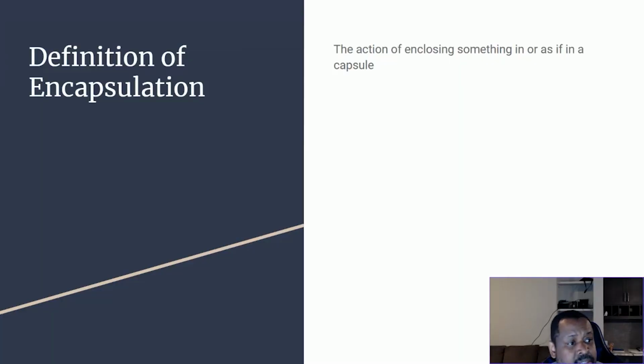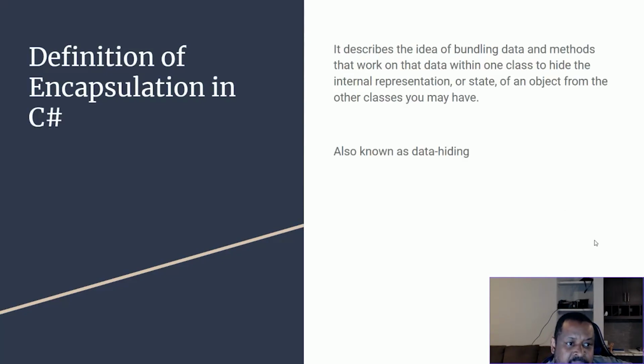So we jump right into the definition of encapsulation. The action of enclosing something in or as if in a capsule. The definition of encapsulation in C# describes the idea of bundling data and methods that work on that data within one class to hide the internal representation or state of an object from the other classes you may have.